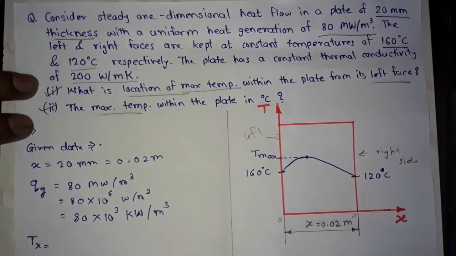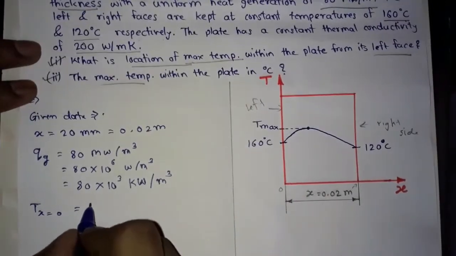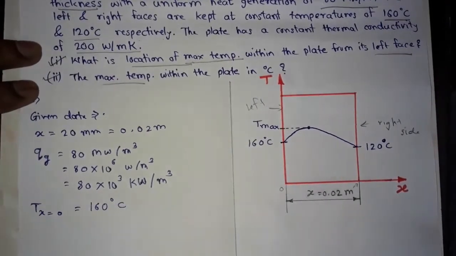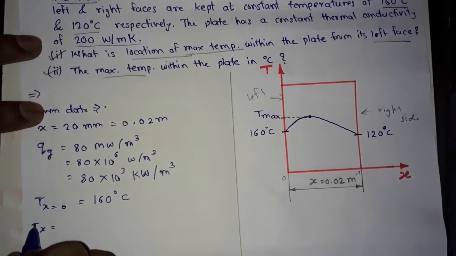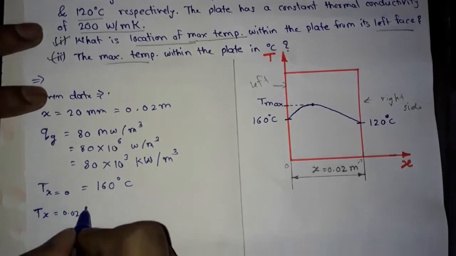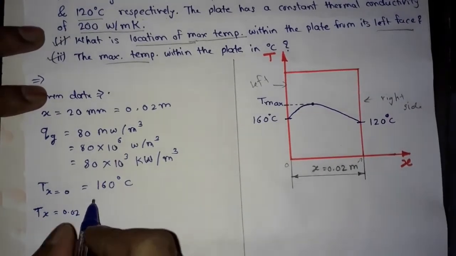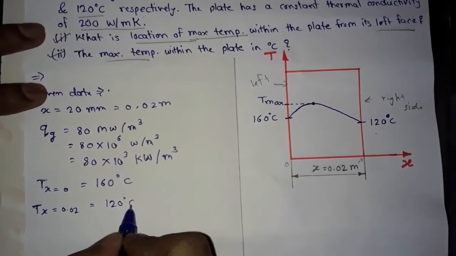So T at x equal to 0 is 160 degrees Celsius, then T at x equal to 0.02 meter is 120 degrees Celsius.